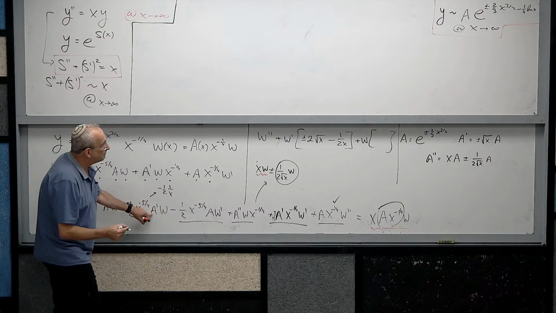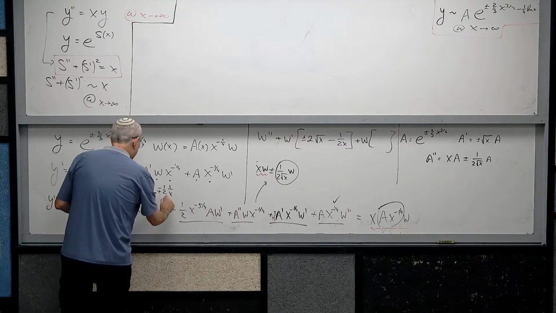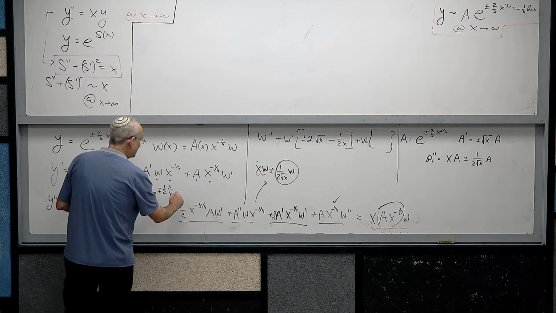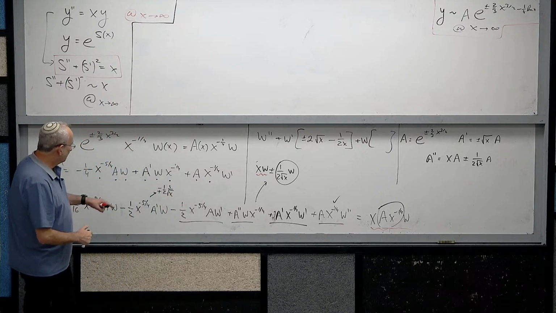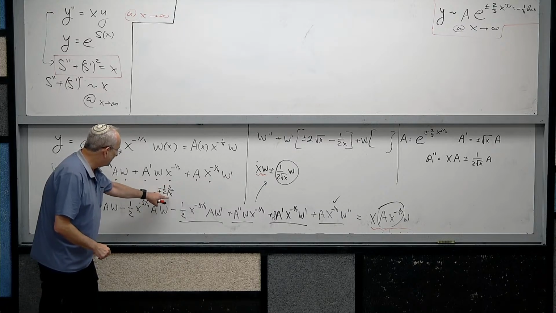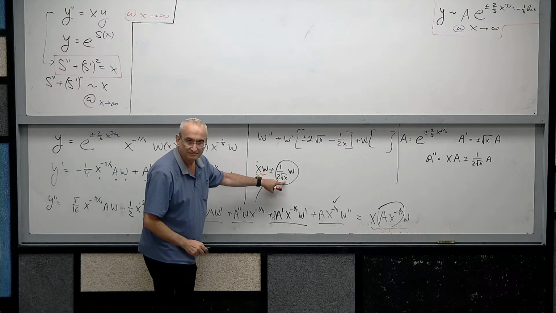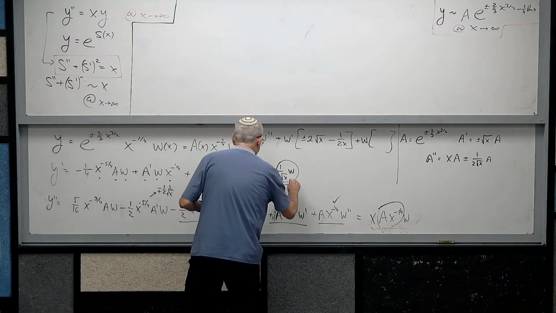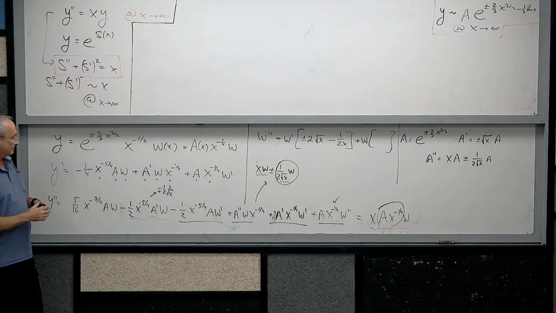And from the a prime, I have plus minus square root of x. So it will be minus plus square root of x. So I have gotten minus plus 1 over 2 square root of x times w. That exactly cancels that. All these terms go away, and the only thing that remains is this one.